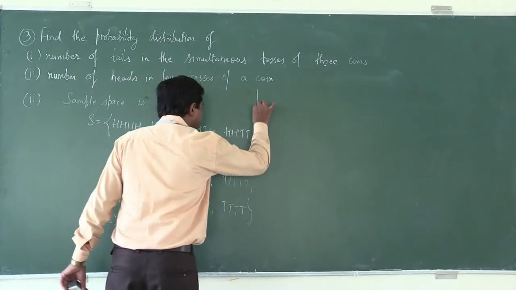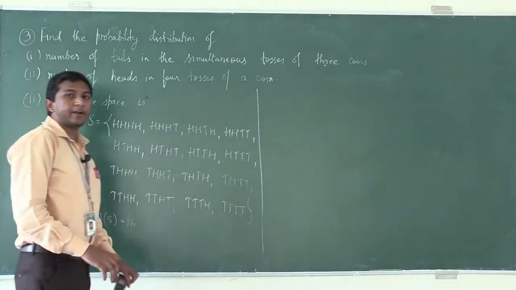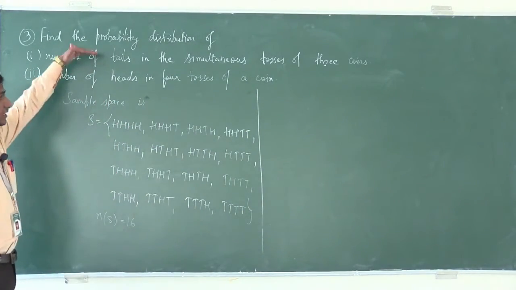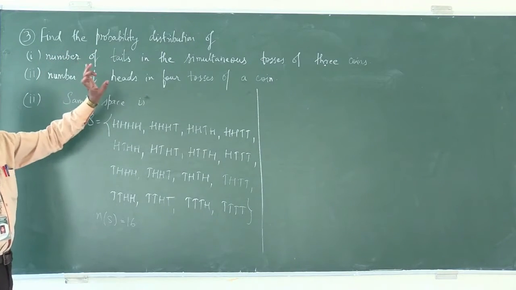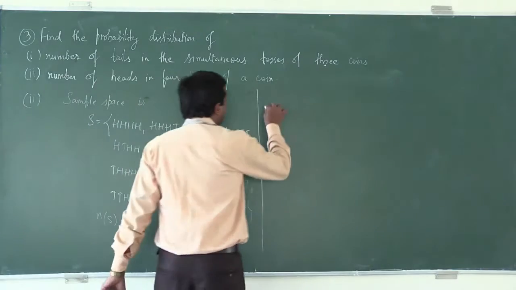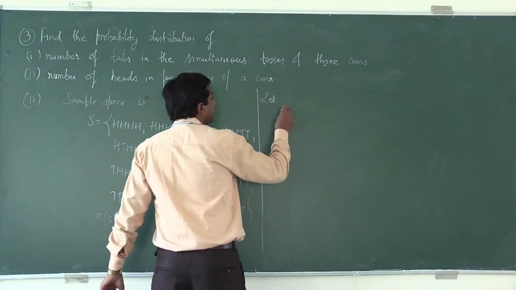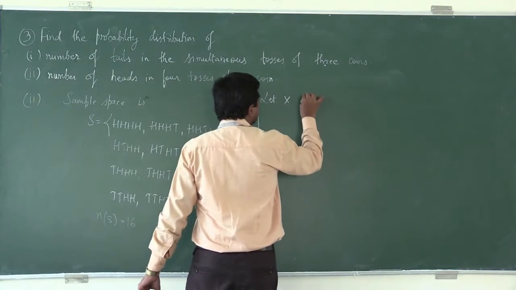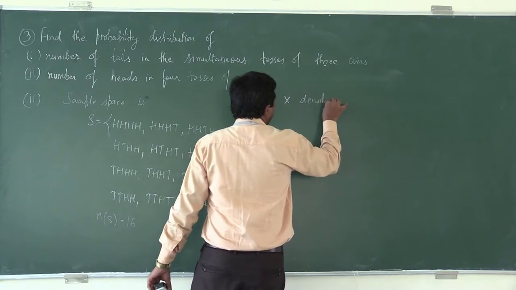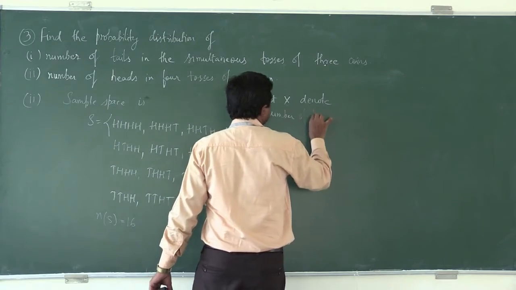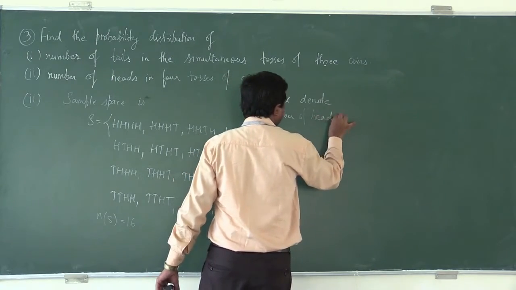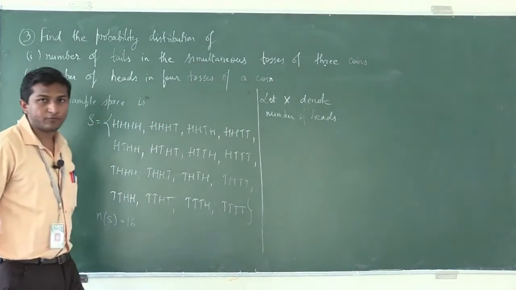Okay, now what is the random variable here? Just like the previous problem, random variable here is number of heads. So I will take capital X as the random variable. Let capital X denote number of heads.